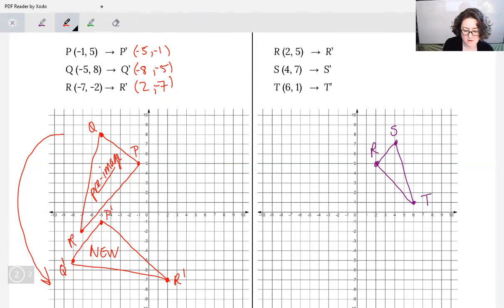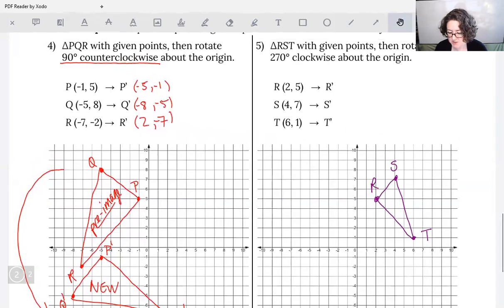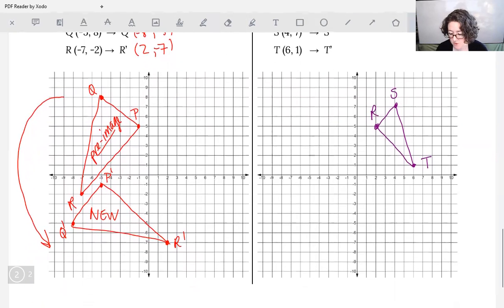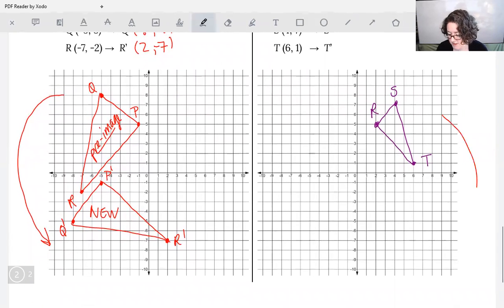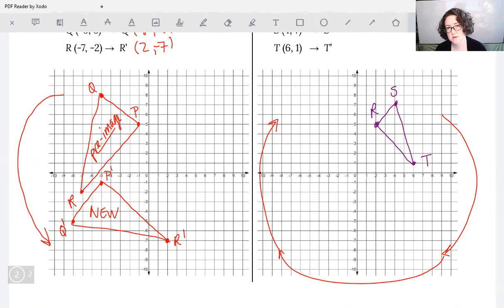Okay. What kind of rotation are we doing? We are doing 270 degrees clockwise. So how many 90-degree turns is 270? Right, that's 3 90-degree turns. So that means I'm going 1 90-degree turn, 2 90-degree turns, 3 90-degree turns. Everything we have is going to end up in that second quadrant.